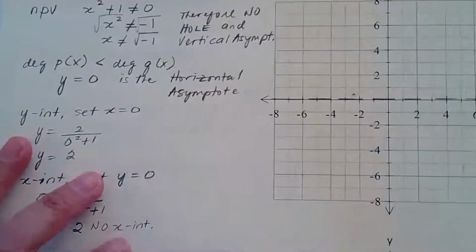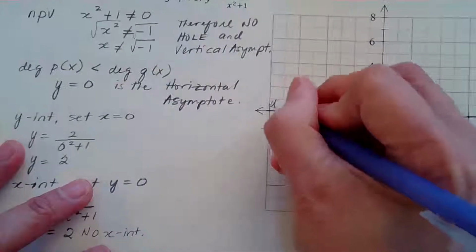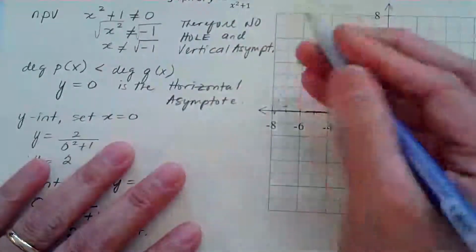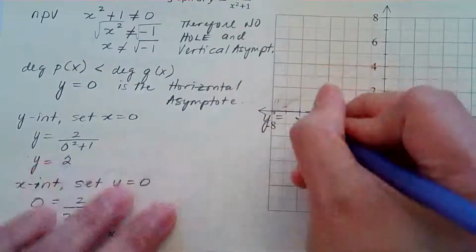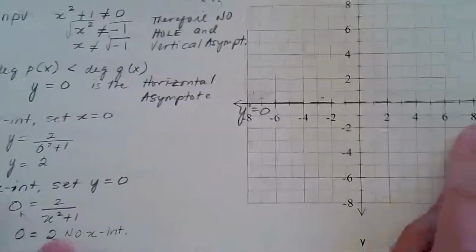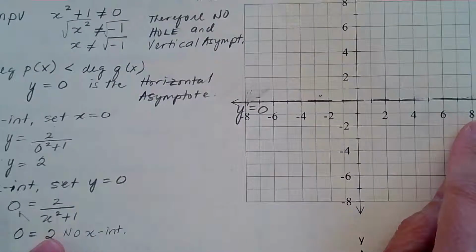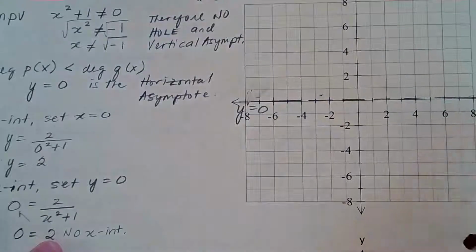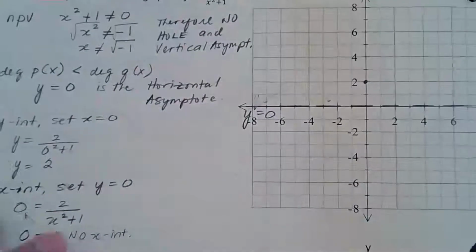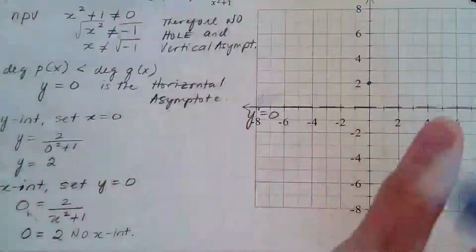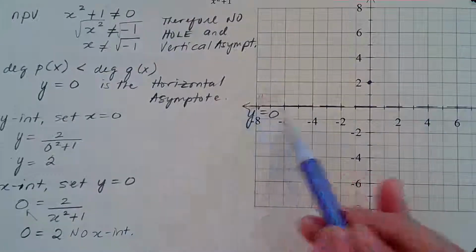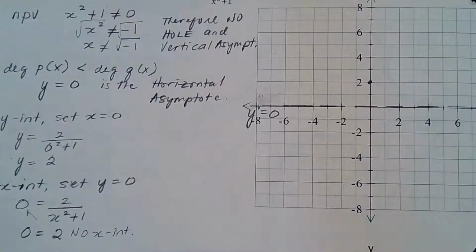Okay, so we're going to label that y equals 0 is our horizontal asymptote. Now we know that the y-intercept is 2, so that's 2 there. Okay, so this is what we have so far. We got a line here and a point there.